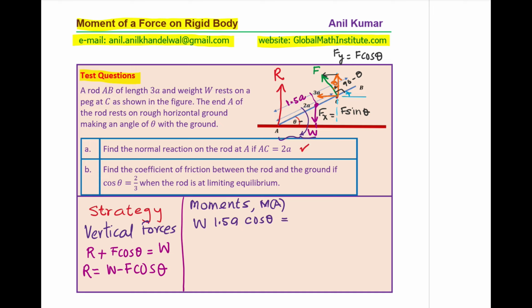Now the counterclockwise moment will be, we can have this distance which is vertical, right? You can find the vertical distance or you can use the value F itself, the whole force, and the distance here is given to us, that the peg is 2a distance away. So F times 2a.